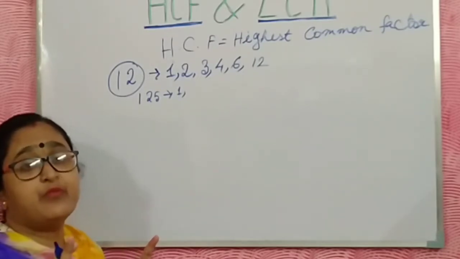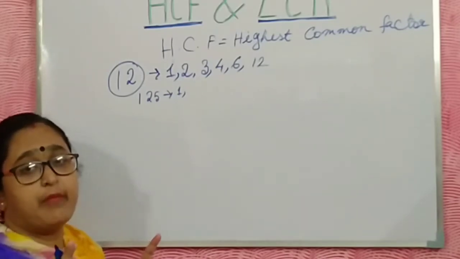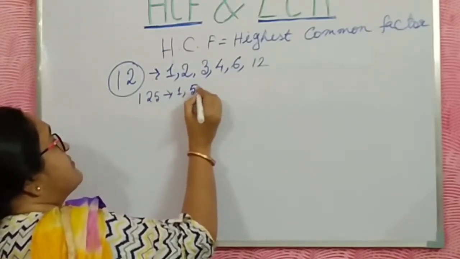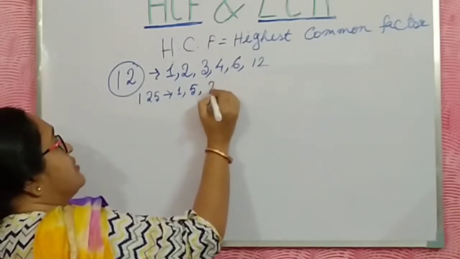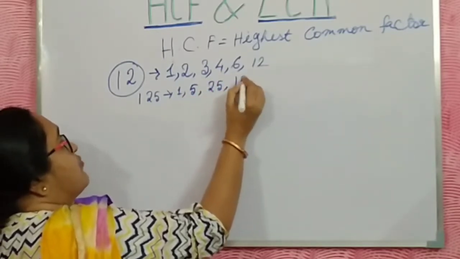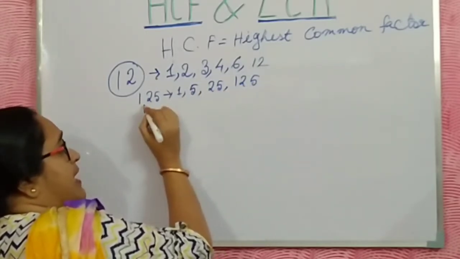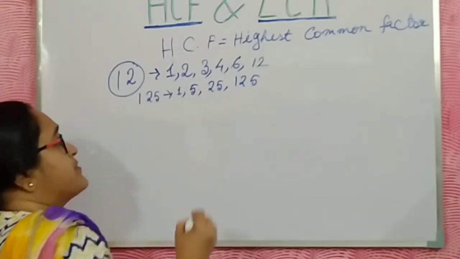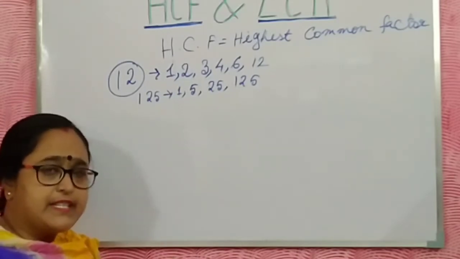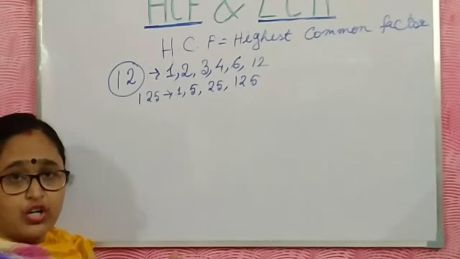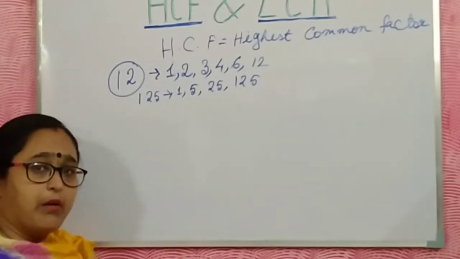This is very important. You must remember it. Now 125: then 5, then 25, then 125. 1 125 is 125, 5 25s are 125. There is no other factor. This is called the factors of the number.